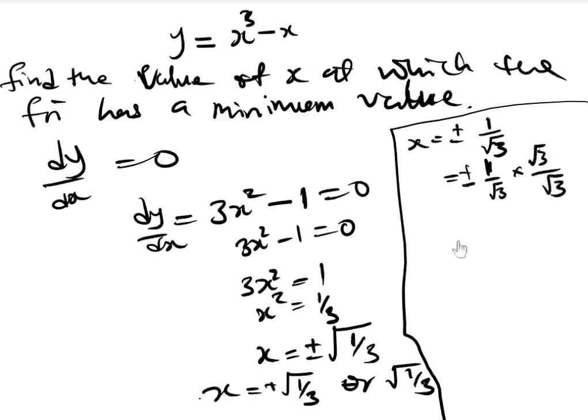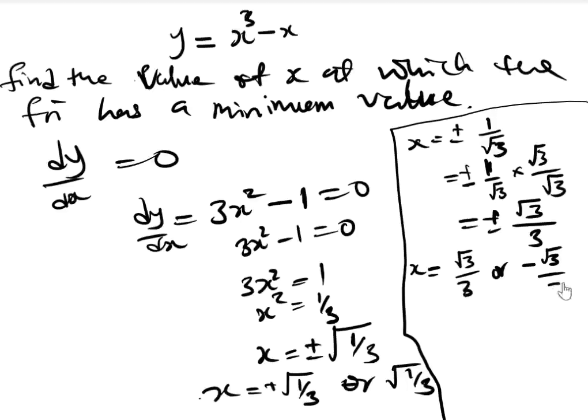And this will be equal to plus or minus root 3 divided by 3. This implies that x can either be plus root 3 divided by 3 or minus root 3 divided by 3.